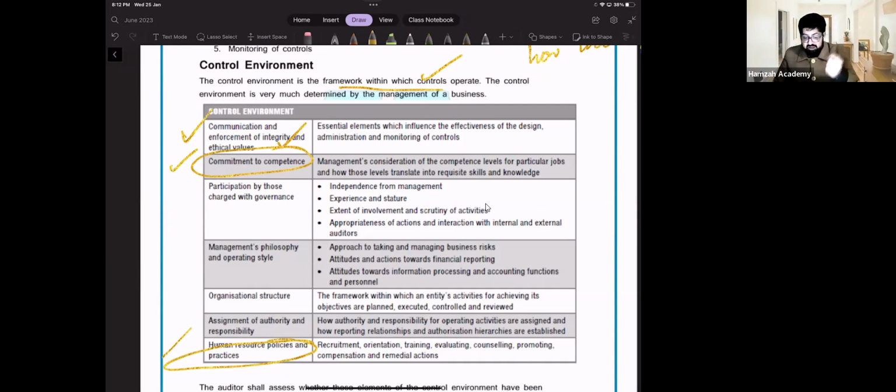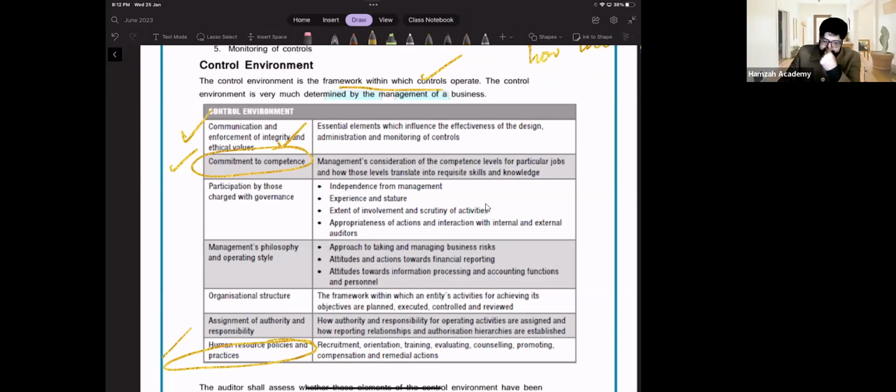You see their skills, competence, ethical consideration, and on which basis you promote people, how you reward people, how you compensate. So all these are affecting the control environment. If you are doing it by favoritism, and you are not considering these things, the control environment will be weak, or vice versa.